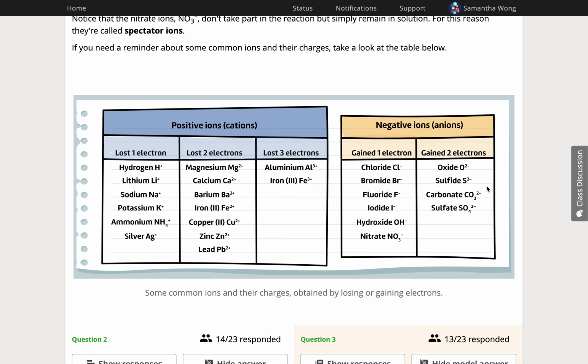So pause this video here, take a moment, read through the table, read through the question again, and have a guess as to why that is the case. When you're ready, you can continue playing to hear more about it.